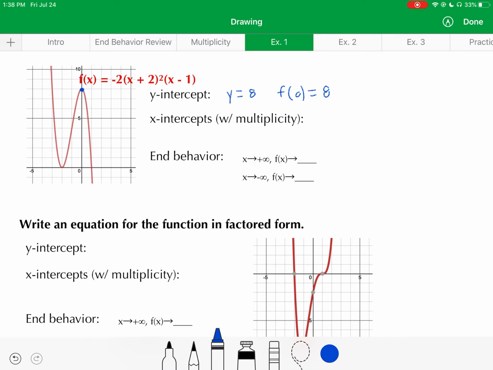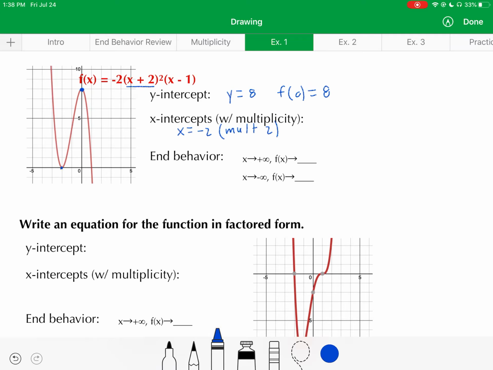Okay. Now x-intercepts, again, you can look at the equation or the graph. If you're looking at the equation, the x-intercepts come from your factors, okay? So x plus 2 leads you to an x-intercept of -2. And notice how that factor is being squared. So that tells me there's a multiplicity of 2.